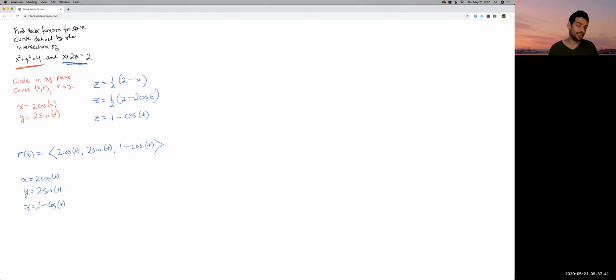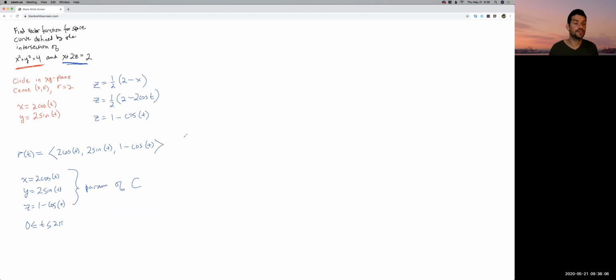And if we wanted this to just go around this curve once, we could insist, for instance, that t be between 0 and 2 pi. Any 2 pi interval will work. Negative pi to pi would work. 17 pi to 19 pi would also work. And that will give us the parameterizations of the space curve.